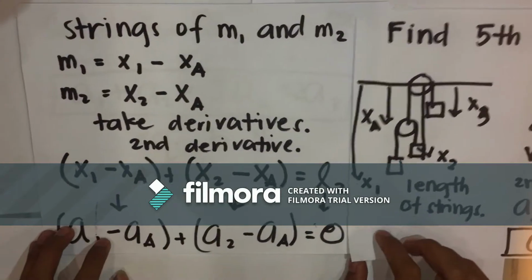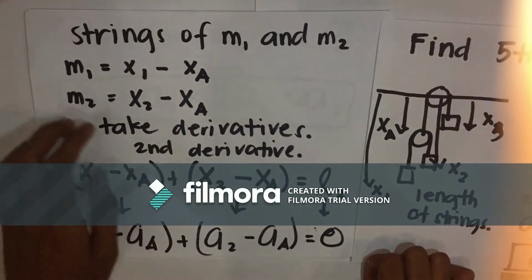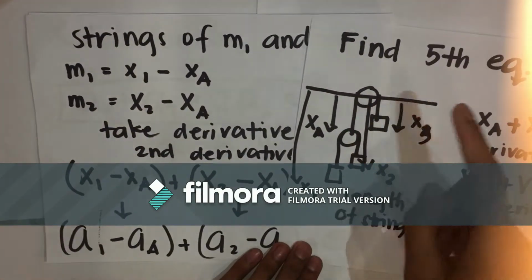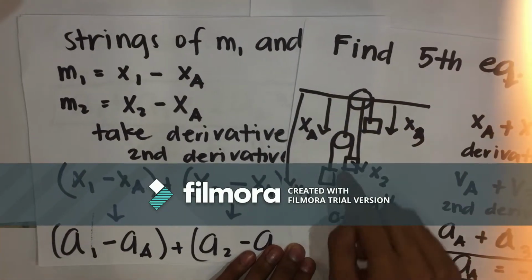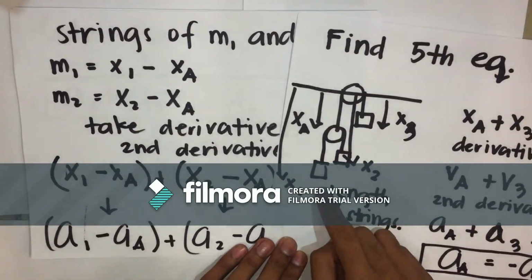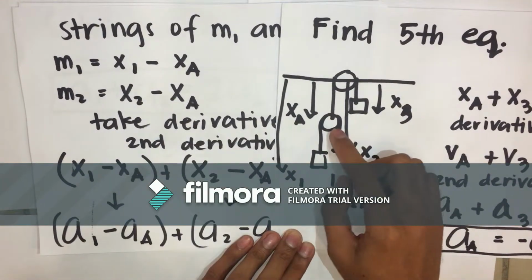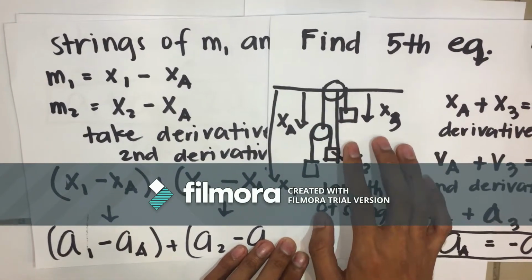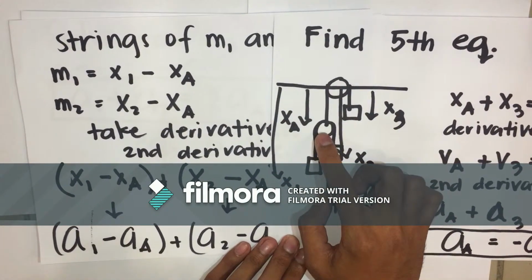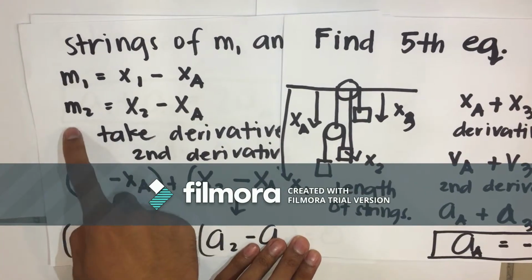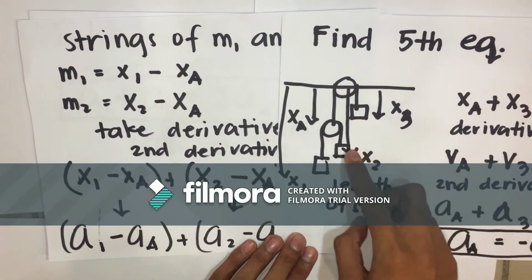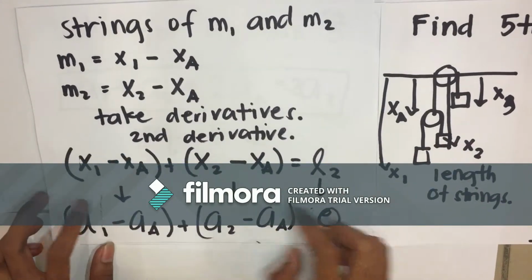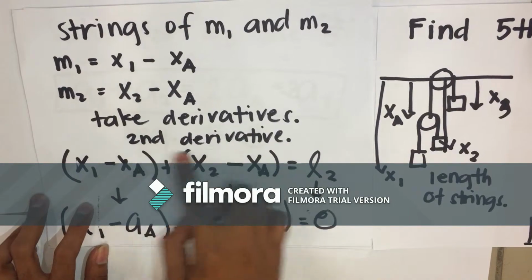For the strings of M1 and M2, we have X1 is equal to the length of the string from pulley B to the first box, minus XA, which is the string from pulley B to pulley A. Next is M2, the same goes for M2, it's X2 minus XA. Then we combine them, then take the derivatives and the second derivative.